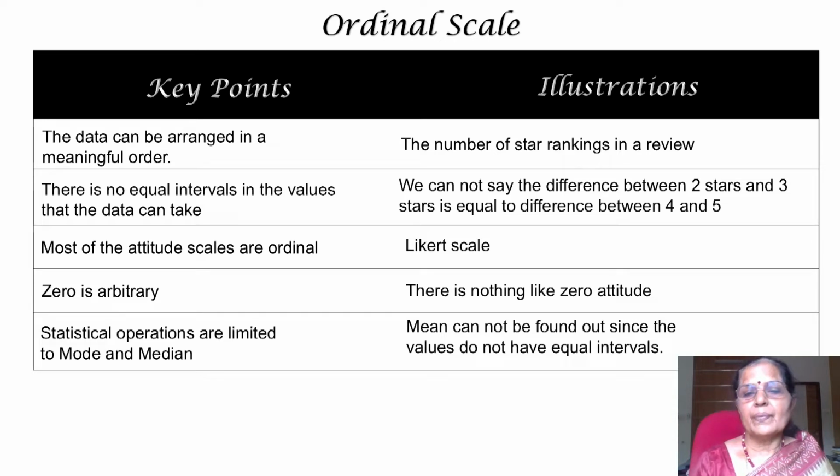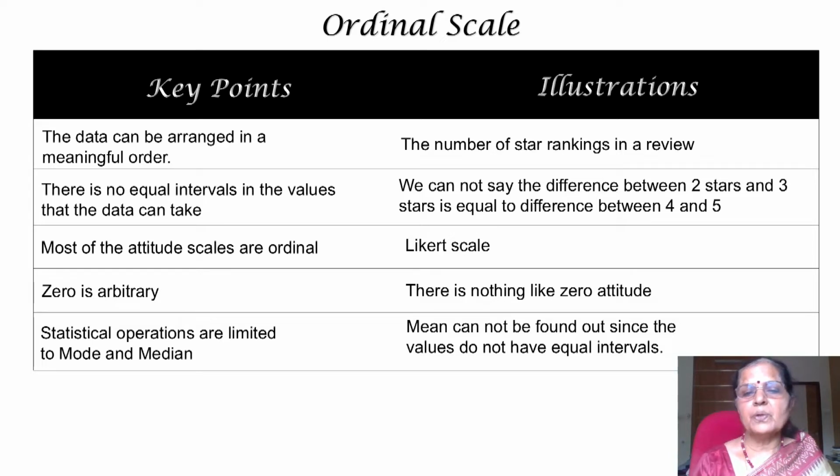We know that there is some order. Obviously, 5 stars are greater than 4 stars, 4 greater than 3, and so on. But the difference between 5 stars and 4 stars may not be equal to the difference between 2 stars and 3 stars.